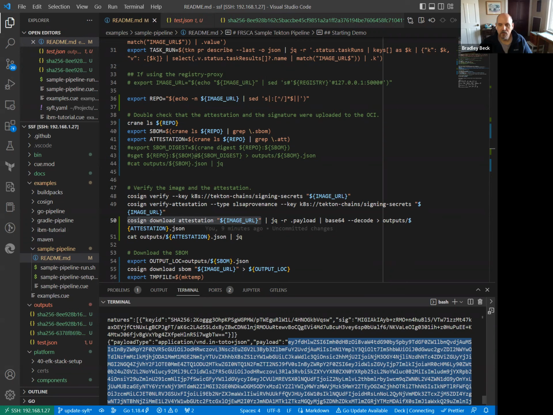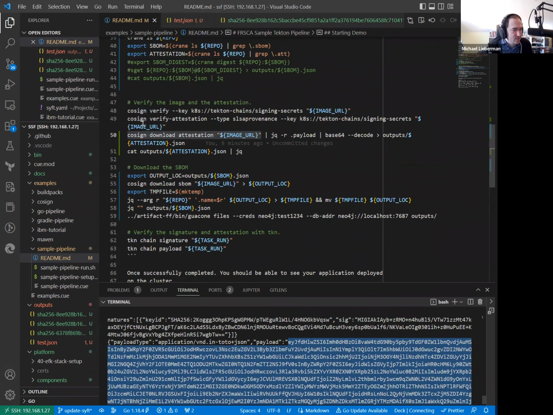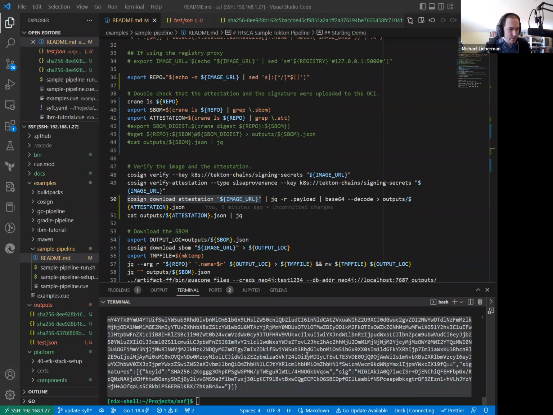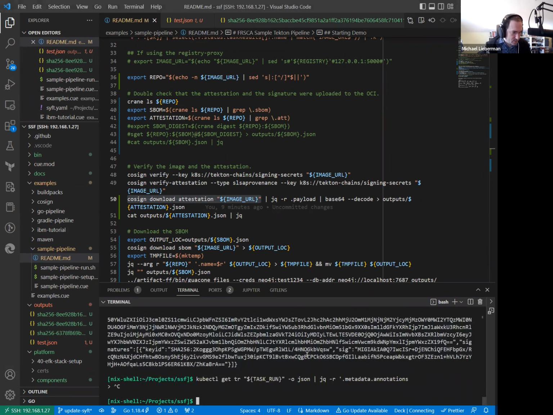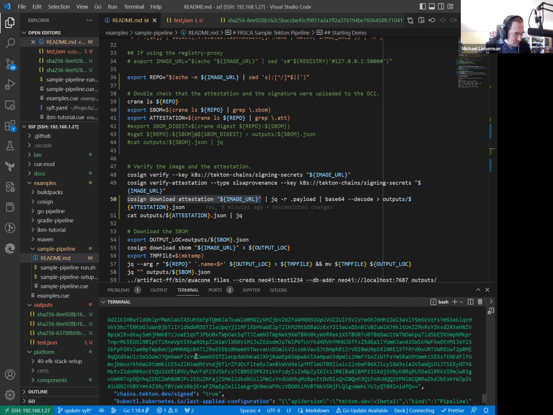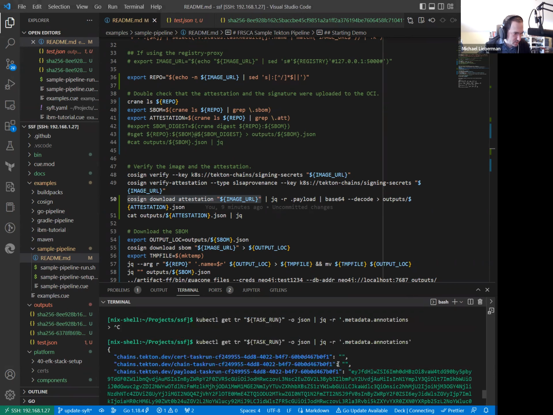So are there two signatures in the task run itself in the annotations? Yeah, so let's see. You can shorten that one query to just look at the annotations instead of a specific one. Yeah, let me do that. Whoops, I forgot the trailing. So there's signature task. Oh, so that's the signature of the task run.